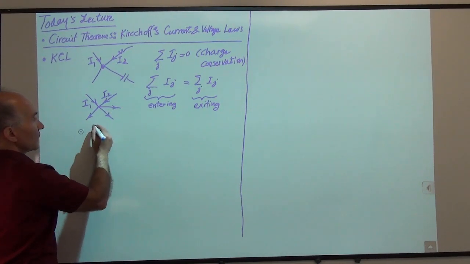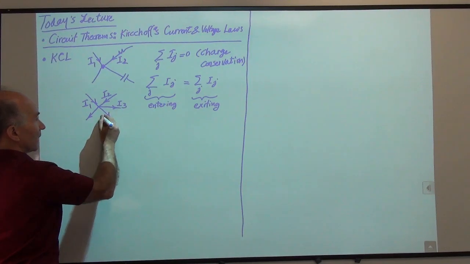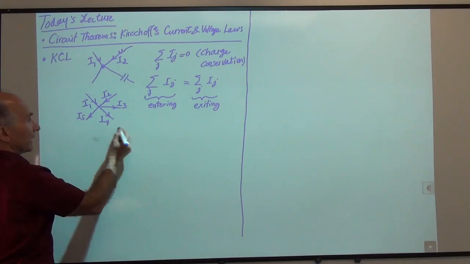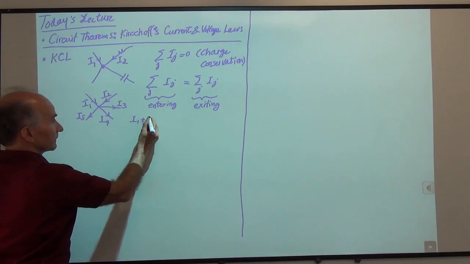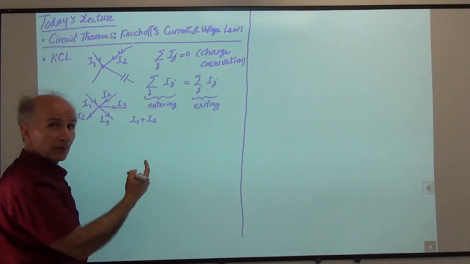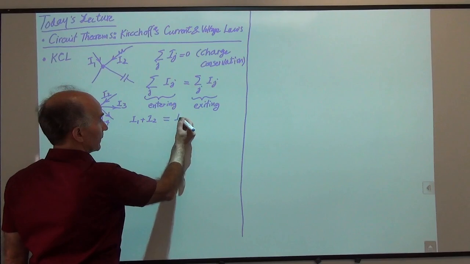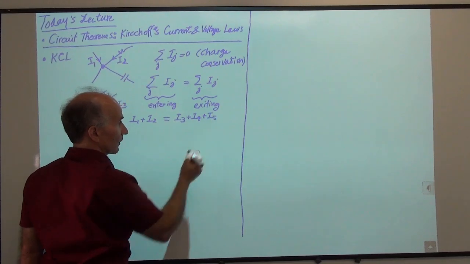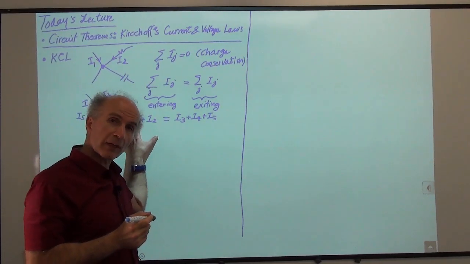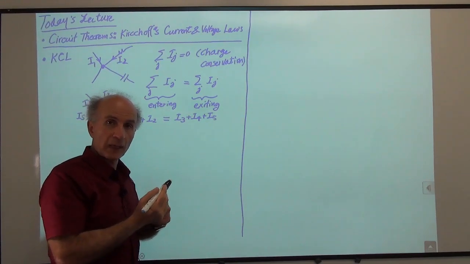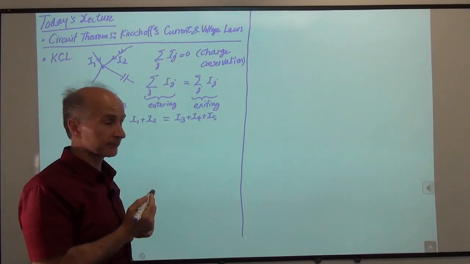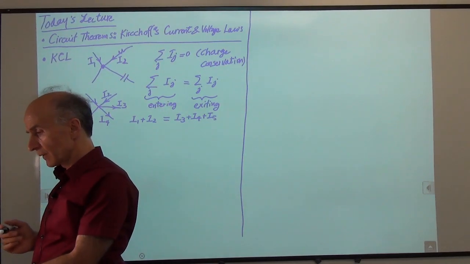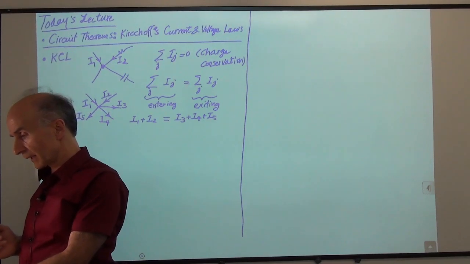So if you call this I3, I4, and I5, then I can say I1 plus I2, meaning the currents that are entering, is equal to I3 plus I4 plus I5. Okay? So sometimes this is more intuitive to write. So depending on the situation that we have, we might try this or we might try that. Okay, so that's KCL, and we will be using this extensively in all of our circuits.